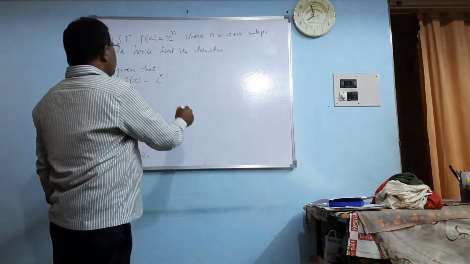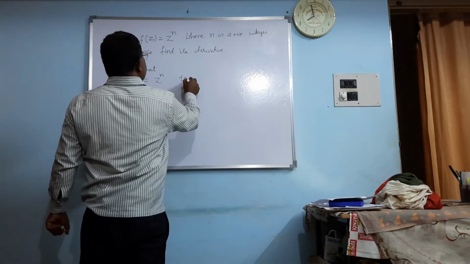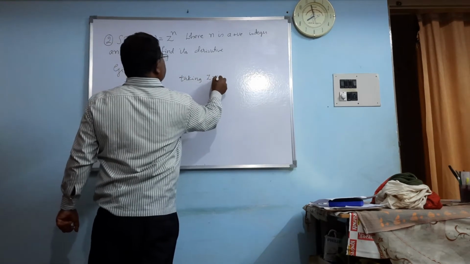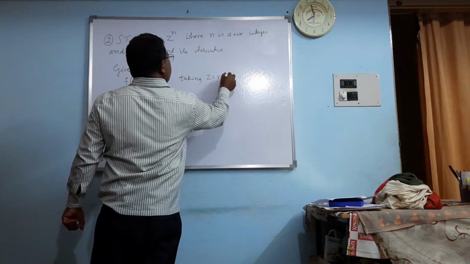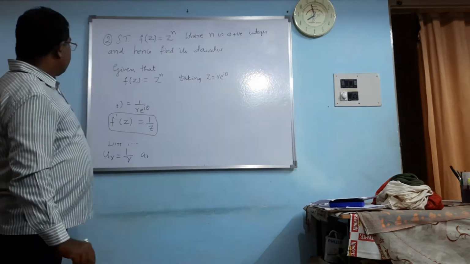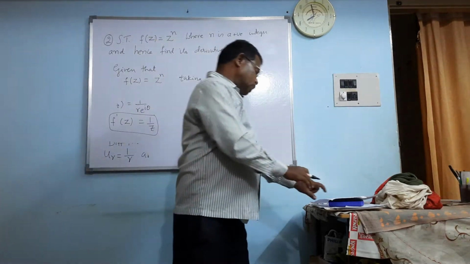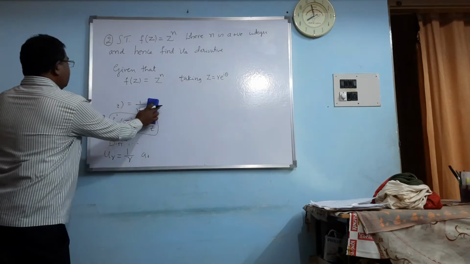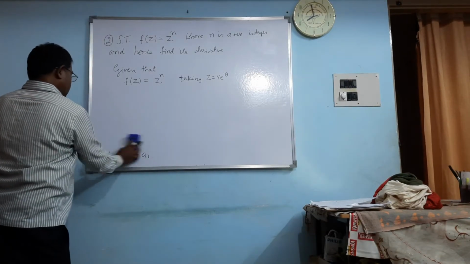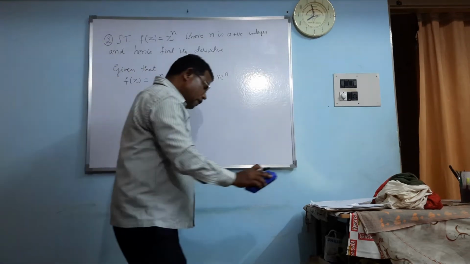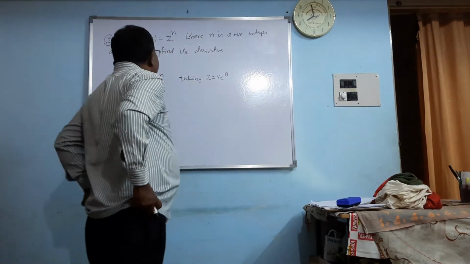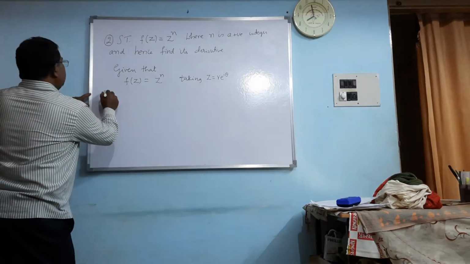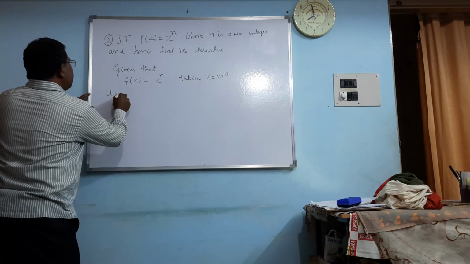Here also taking z equals r into e to the power of i theta. Next, substitute z in this place, z to the power of n. f of z means e to the power of u plus i v.